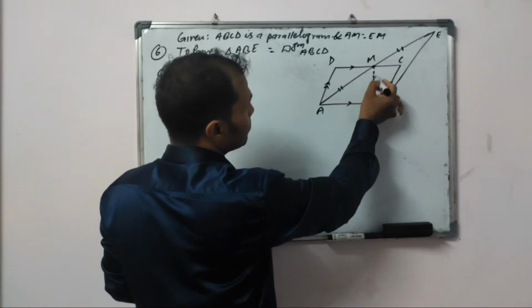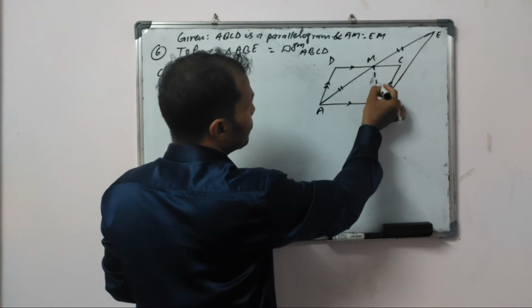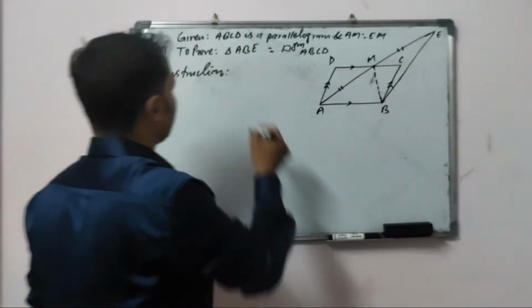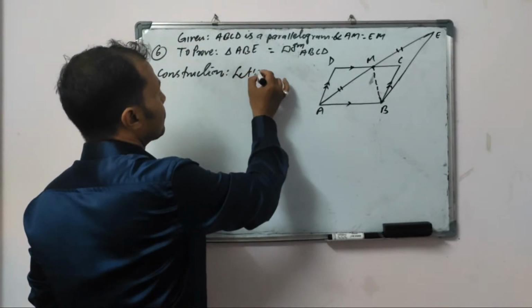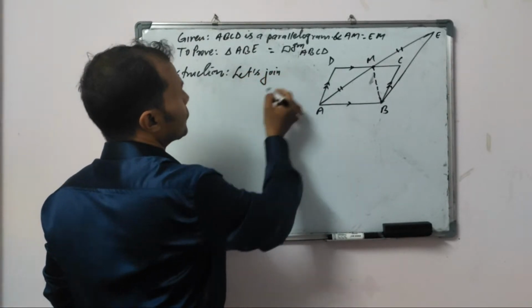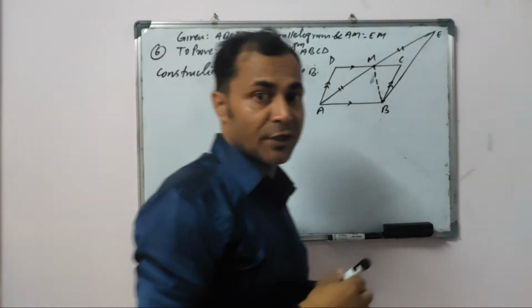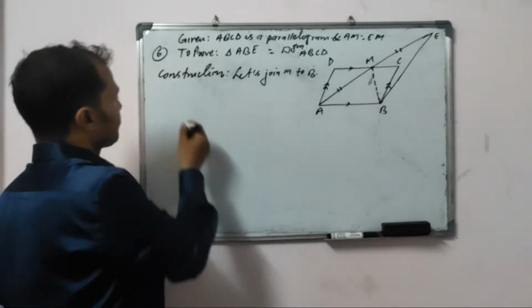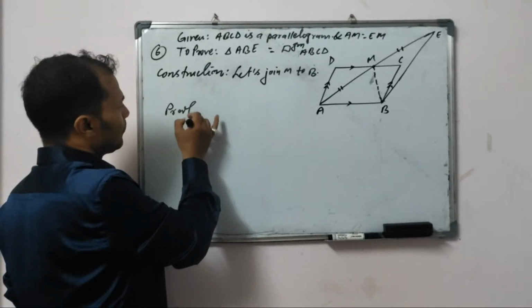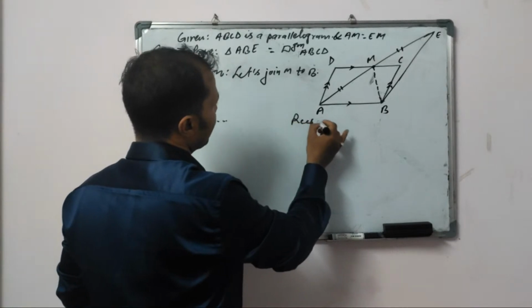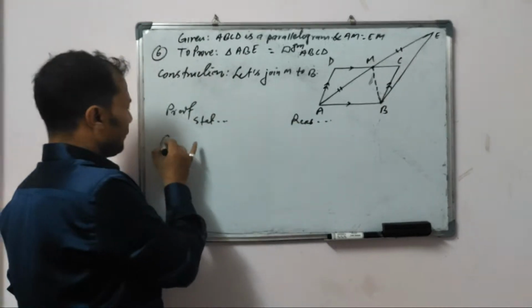So the construction is like this. Let's join M to B. I join M and B. What happens? Proof: statements, reasons. See number 1.